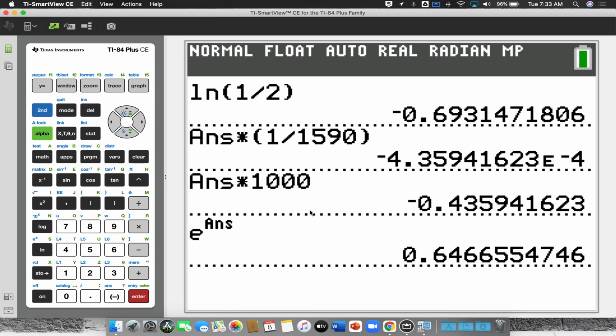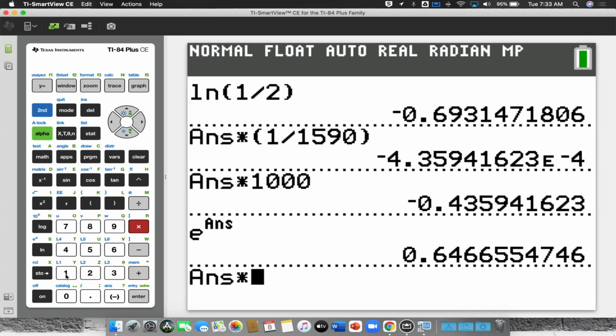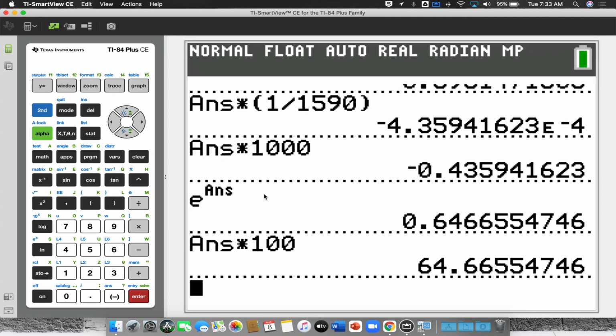Okay. And then the last thing is multiply by 100. Well, when you multiply by 100, it just moves the decimal to the right 2 spots. So you get 64 point. Now this is the one we're going to round. This is the only number we're going to round because it's our final answer. We're done with it.